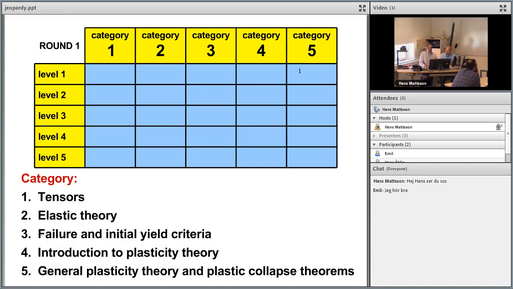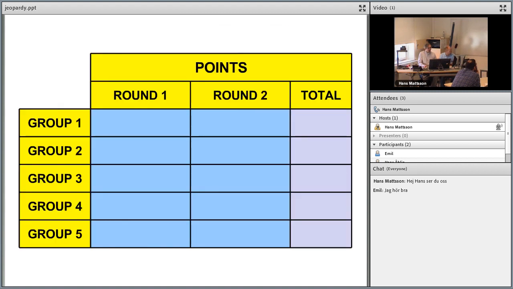The elastoplastic flexibility tensor, group number 1 answered, and that is completely correct. So we will give 2 points to group number 1 here.